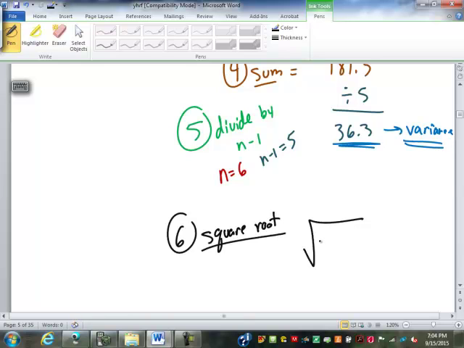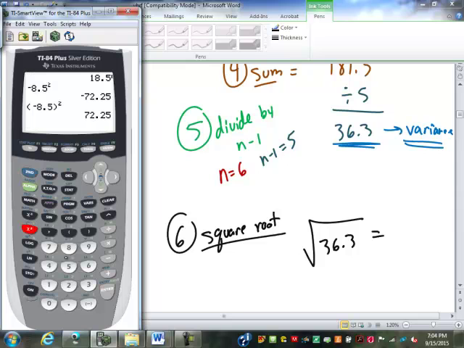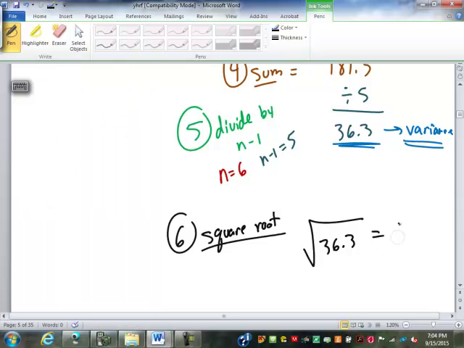So the square root of 36.3 is 6.025. 6.02 we're going to round it to. That's our standard deviation. What that is saying is, on average, each of these numbers is about 6.02 units away from our mean.